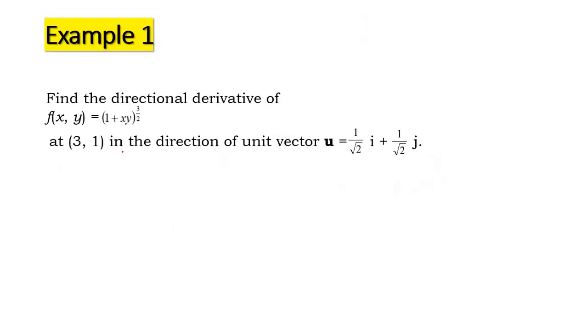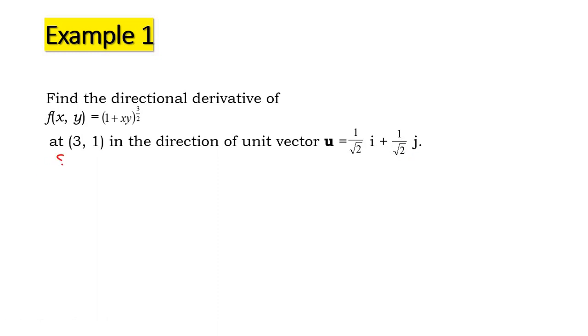For example 1, find the directional derivative of f(x,y) equal to (1 plus xy) power 3 over 2 at the point (3, 1) in the direction of unit vector u, which is 1 over root 2 i plus 1 over root 2 j.